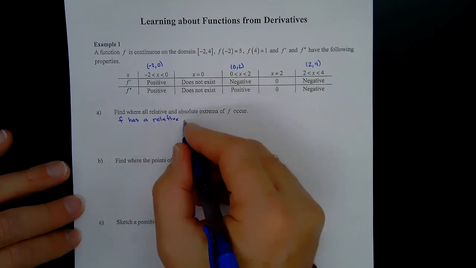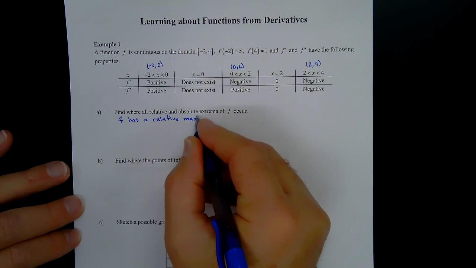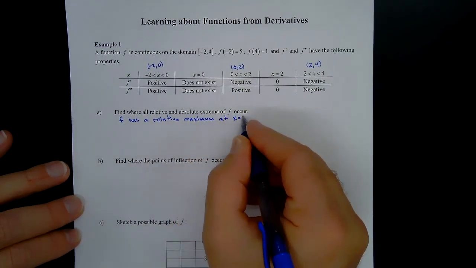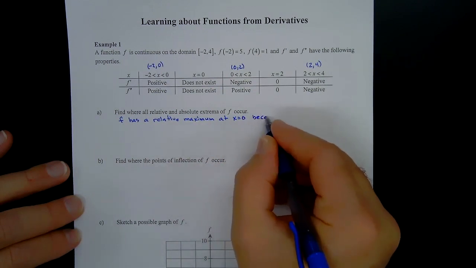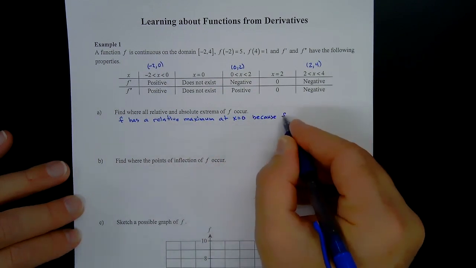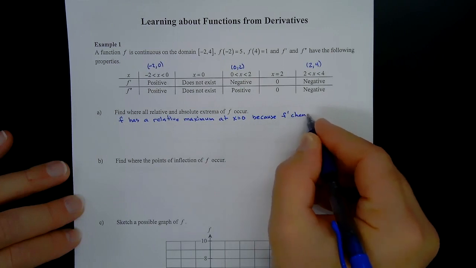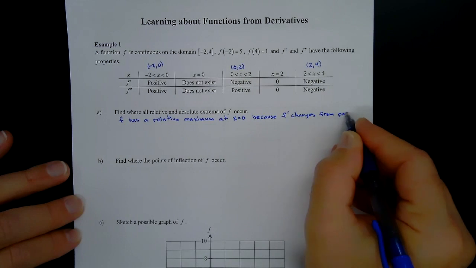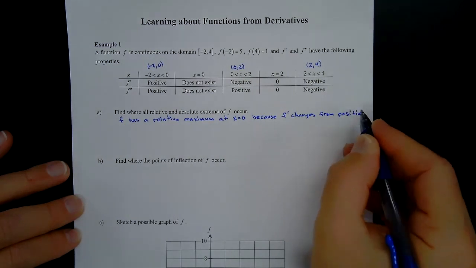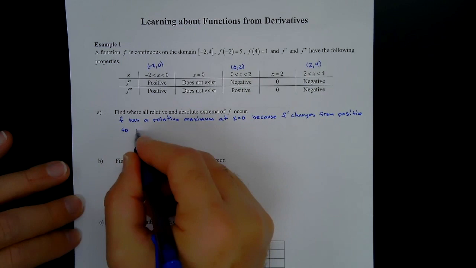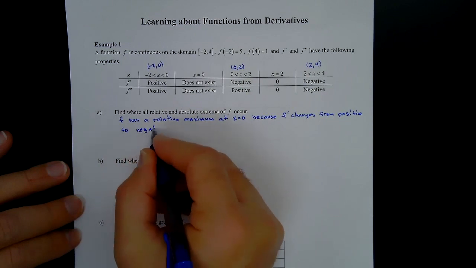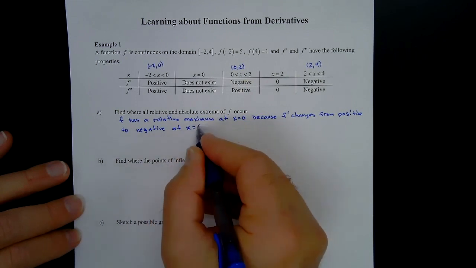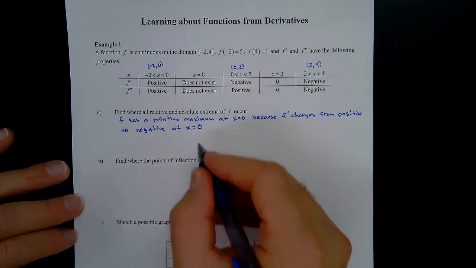So we have a relative maximum at x equals 0 because f prime changes from positive to negative at x equals 0. And that's the only one, okay?